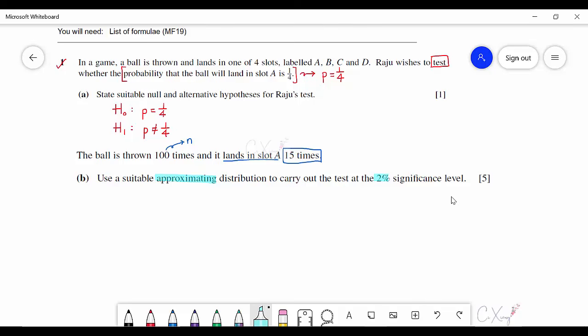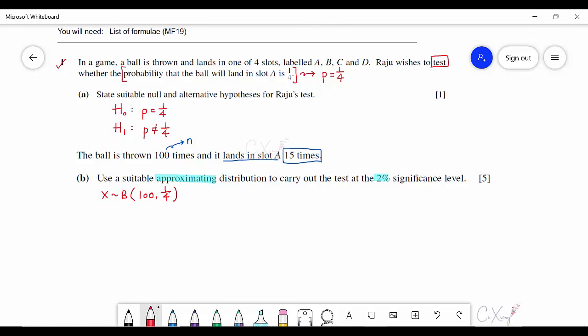First step, we already have the null and alternative hypotheses. To continue with the test, you need to identify the original distribution. You have 100 times, and the probability of landing on A is 1 over 4. From here, you should know that it belongs to the binomial distribution originally.